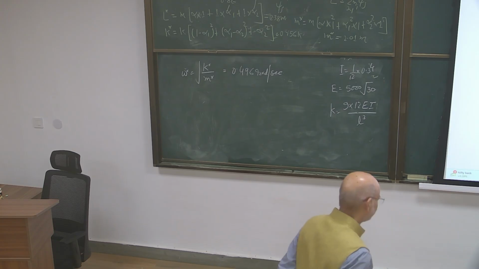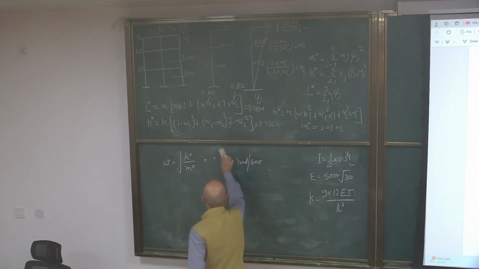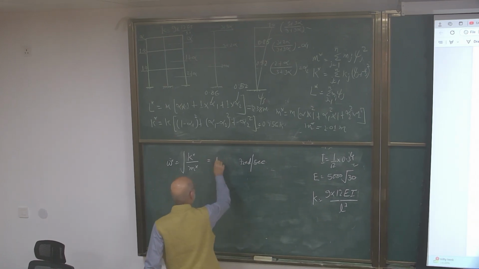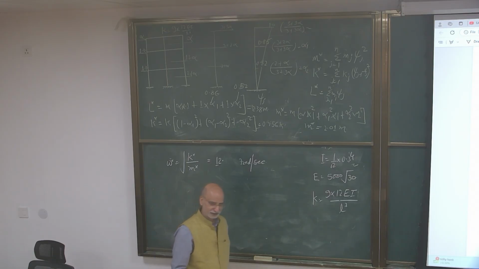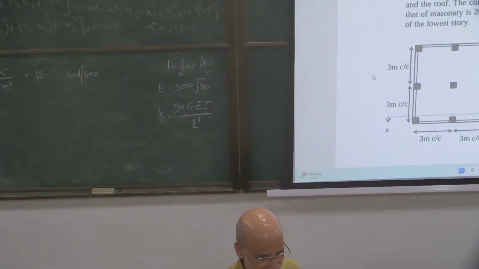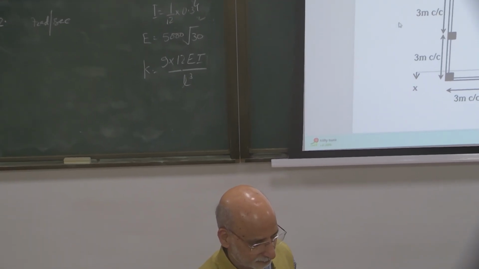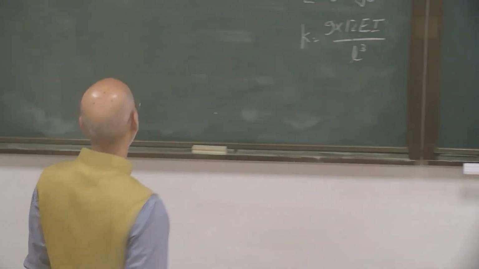Omega, right? 12 point? 0.456. 14.79. 15.0.